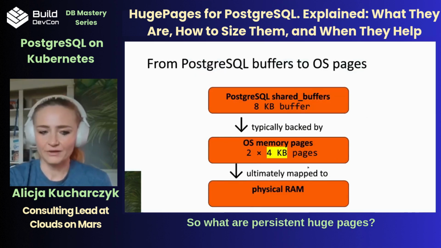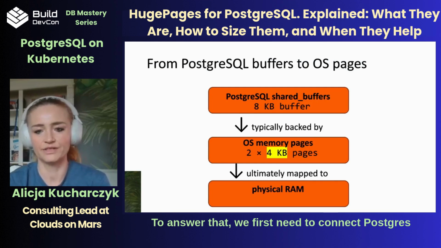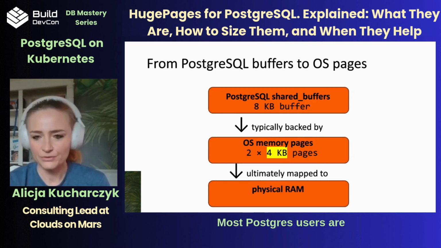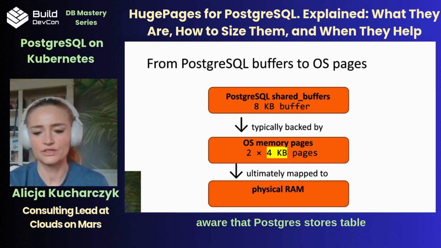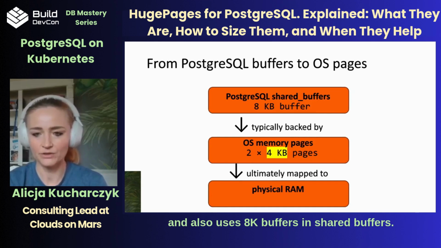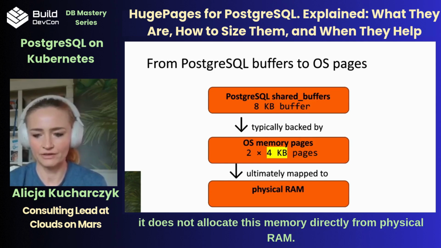So what are persistent HugePages? To answer that, we first need to connect Postgres memory with operating system memory. Most Postgres users are aware that Postgres stores table data and index data in 8K blocks on disk and also uses 8K buffers in shared buffers. But when Postgres starts and allocates shared buffers, it does not allocate this memory directly from physical RAM.